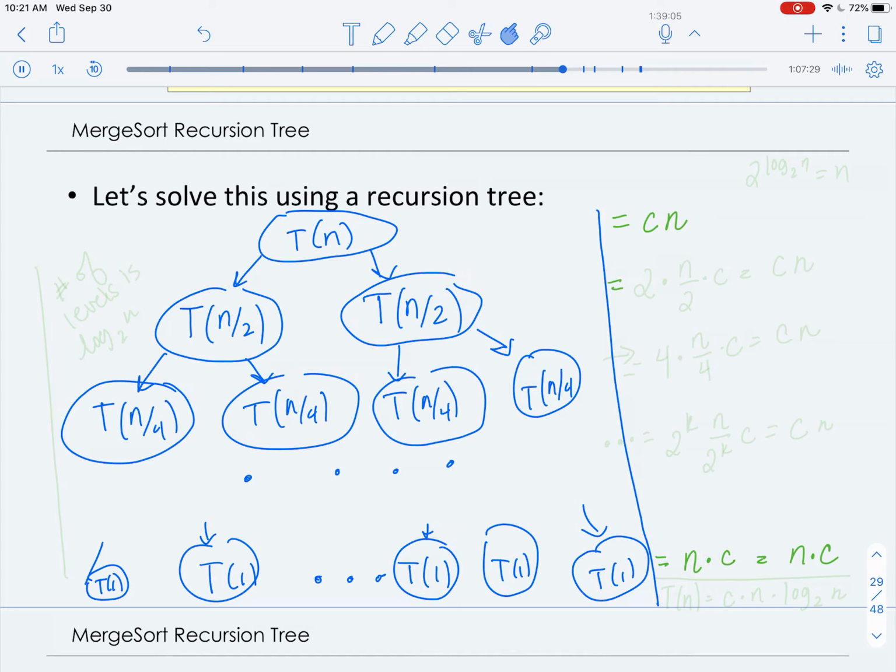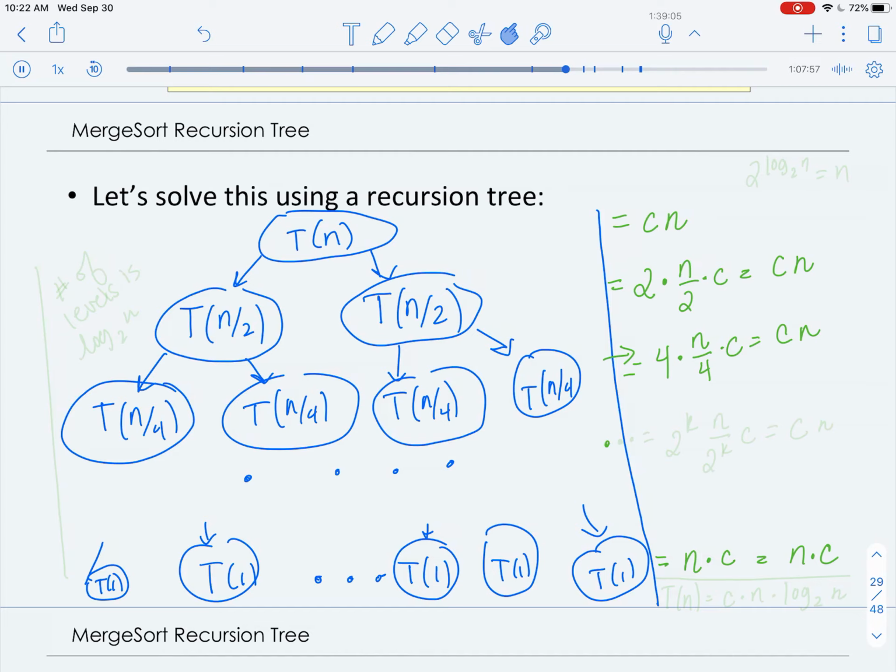And here we're going to make 2 calls that are each doing n over 2 work, times some constant. So here we're going to have c2 times n again. And here we're going to have 4 calls doing n over 4 times some constant amount of work. You'll notice then we have c again.